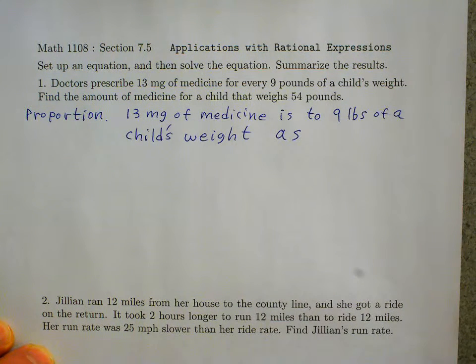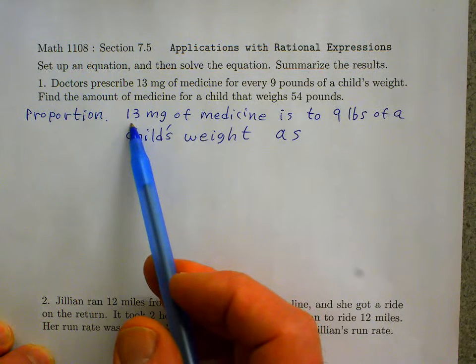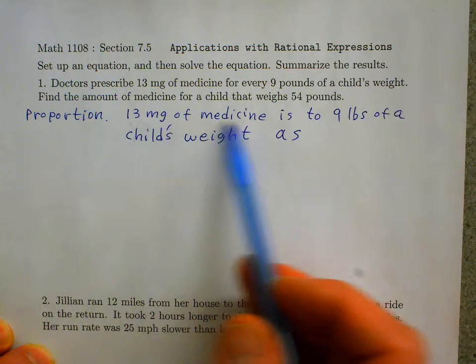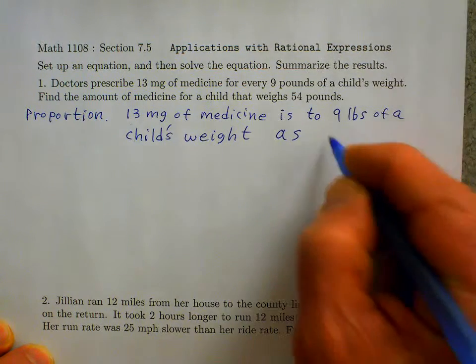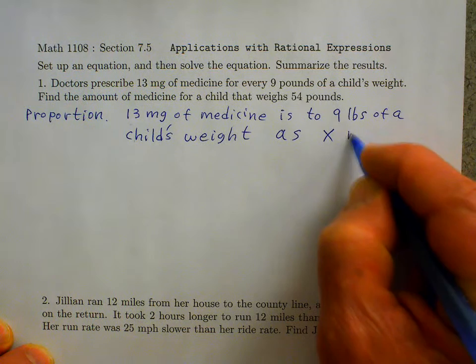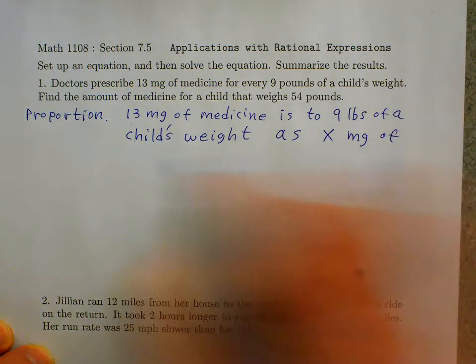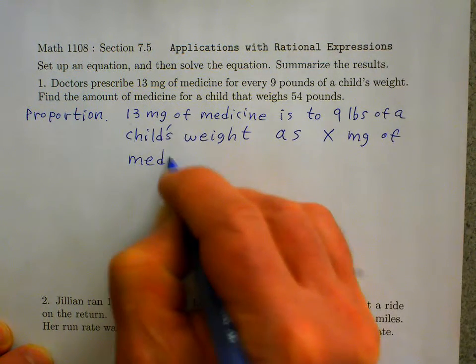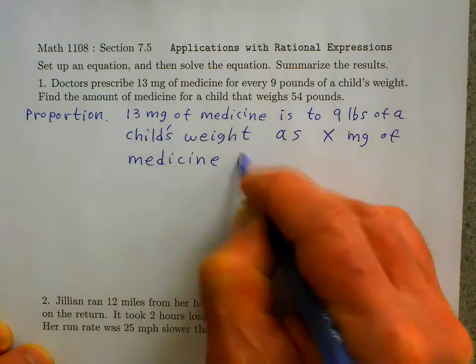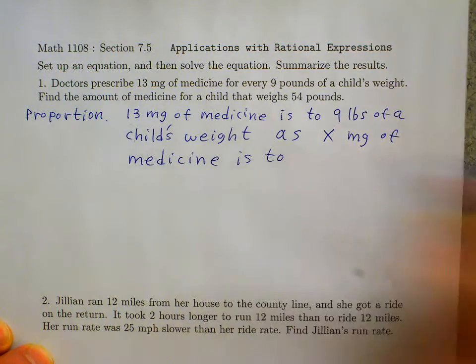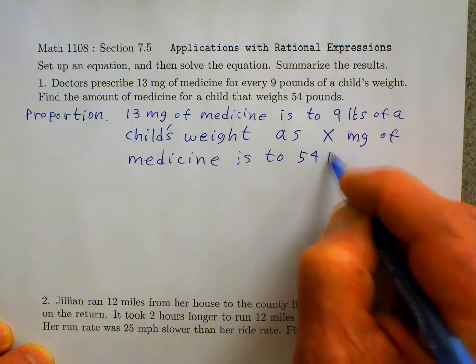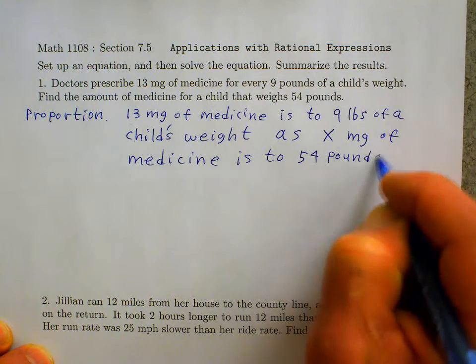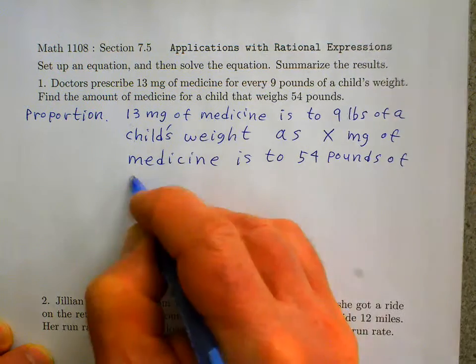So I'll pick X. I'll read this first part of the sentence again. 13 milligrams of medicine is to 9 pounds of a child's weight, as X milligrams of medicine is to 54 pounds of a child's weight.